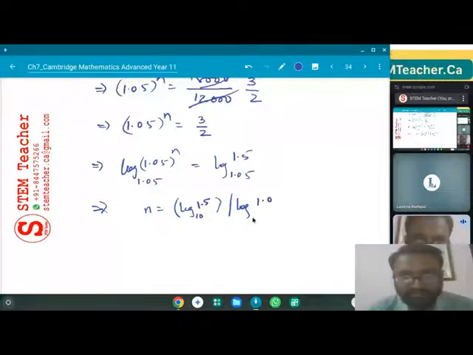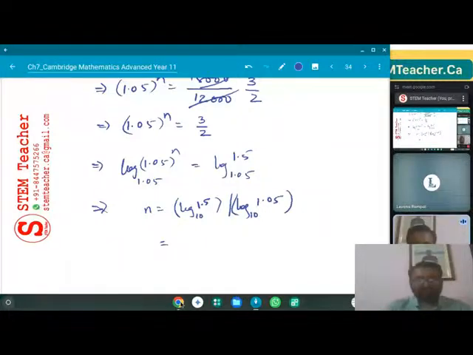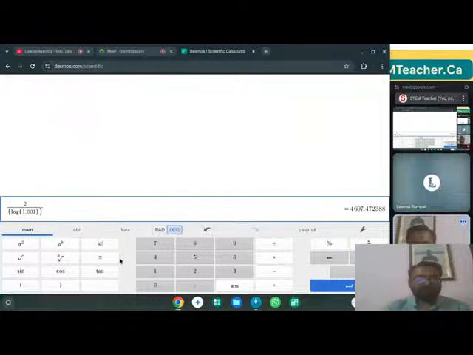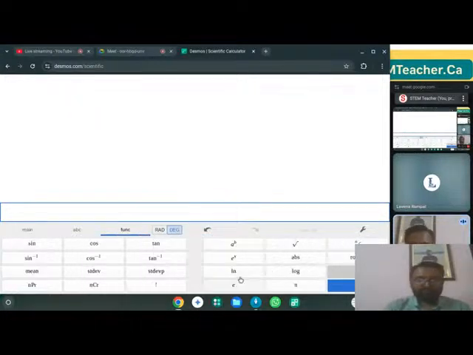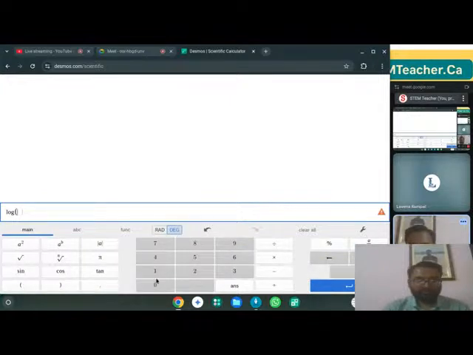Just open up the calculator. Log 1.5 divided by log 1.05.